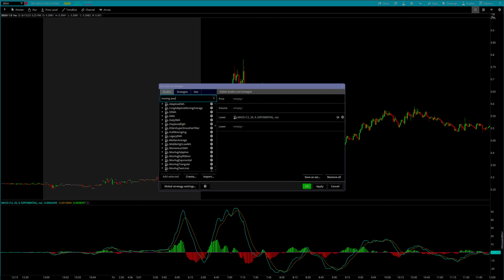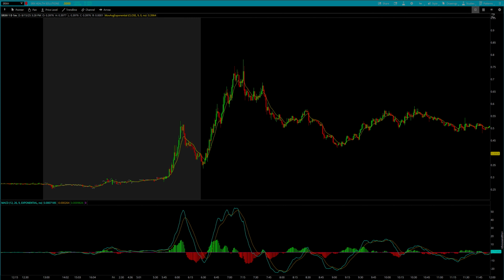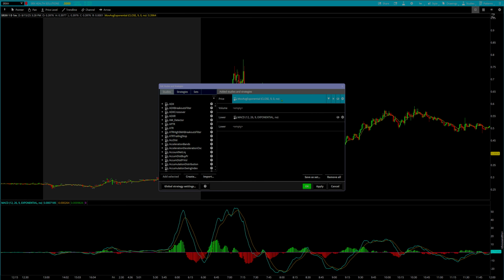The displaced EMA is also good. Another line that I like to rely upon also is the 20.